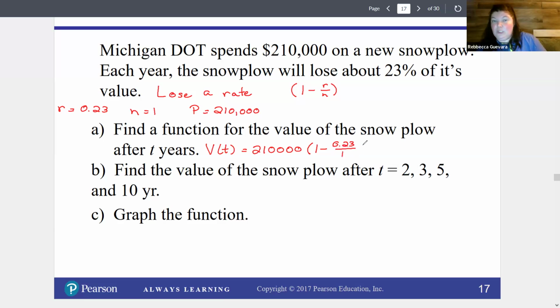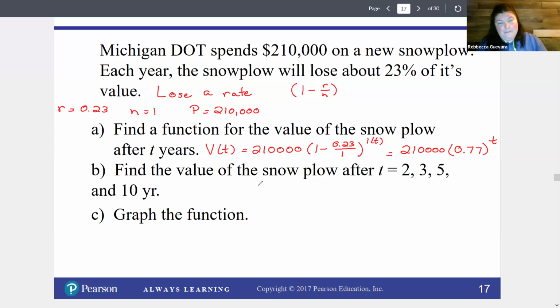We're compounding only once, so we divide by 1, and then we have 1 times t. If we were to simplify this, this is just $210,000, and then 1 minus 0.23 is 0.77, and then we just have to the t. So sometimes, like I said, we're not compounding. This is just a formula showing that really what's happening is that I'm only retaining 77% of my value each year.